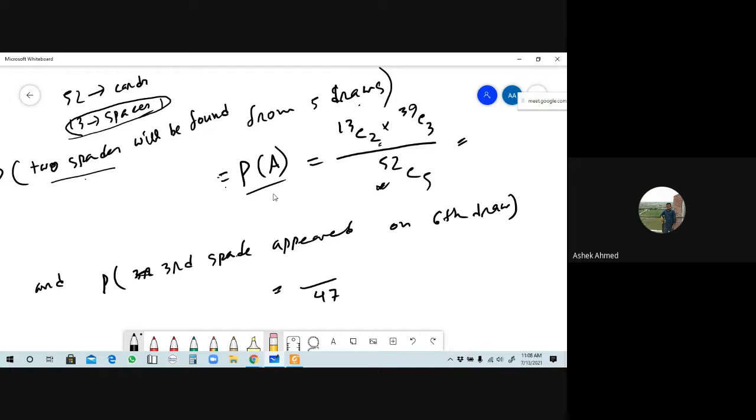This will be the denominator and the numerator will be, যেটা থার্ড স্পেড হইতে হবে, টোটাল নাম্বার অফ স্পেডস ছিল 13, from here you have already drawn 2 cards, remaining spades will be 11. Is it right?